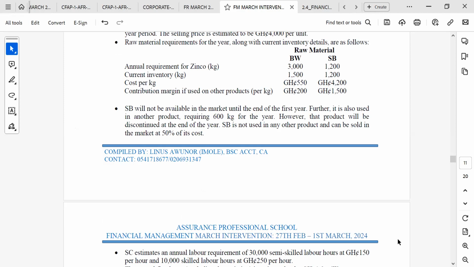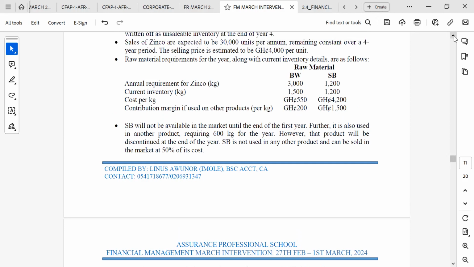It is 3,000. That is the material that we are going to be using. It's not per kilogram. It's not 3,000 per kilogram. This is the total material that we'll be using for the 30,000 units. That is the total amount of raw material that we'll be using for the production of the 30,000.